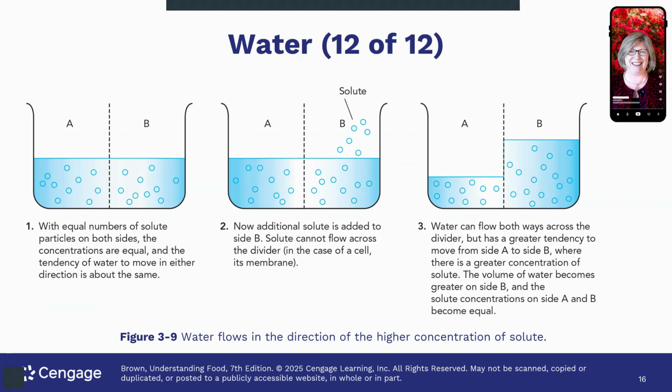In view 2, you've now added solute to one side, but not the other, which changes the concentration. And then in view 3, the water can flow both ways, but it's going to gravitate to equalize the concentration. You see the water shifted more to side B to equalize the concentration.